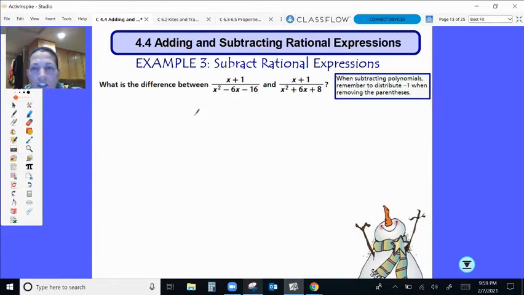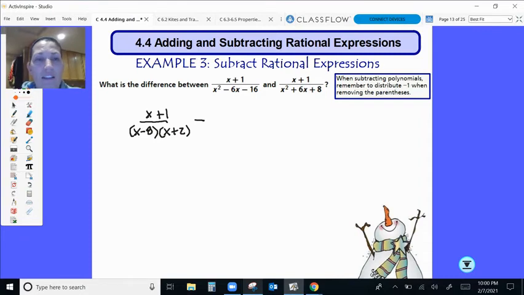All right, so now we're going to look at a difference. And difference is pretty much the same thing. The only thing we have to be careful with is distributing the negative when we subtract. So I'm going to do the same thing where I factor my bottom, so I can find a least common multiple. So factors of 16 that add up to -6 are going to be x minus 8 times x plus 2.